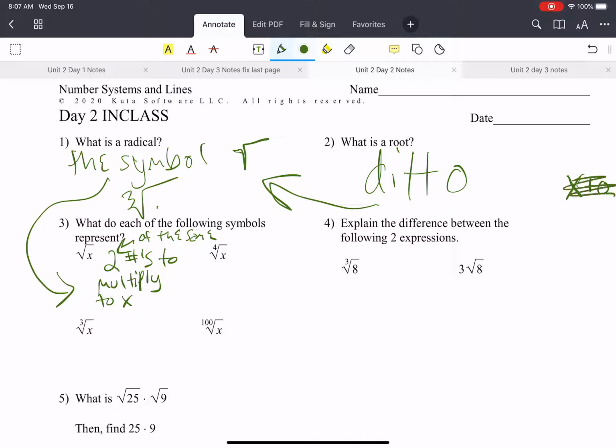For roots, it's a 2. Notice how all the other roots have the little number on the radical sign. But for square roots, the invisible number, I can assume that's a little 2. This one is similar, but it's a fourth root, so I'm looking for 4 of the same number to multiply to x.